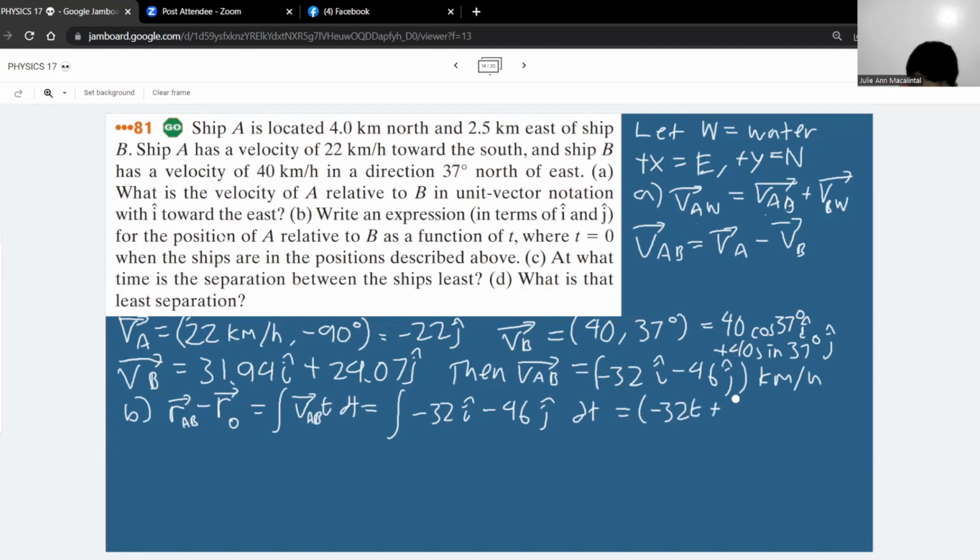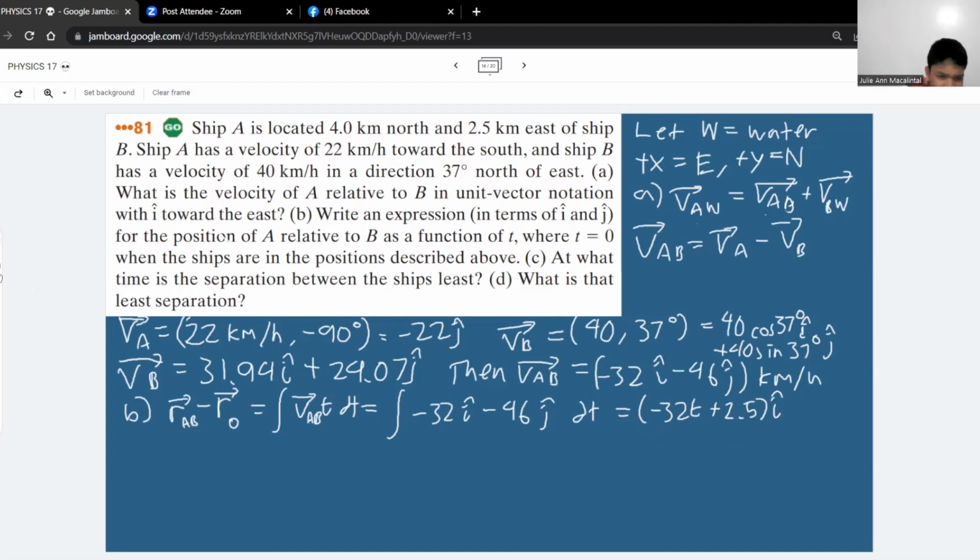Wait, hindi, teka. R sub AB minus R sub 0, that's not that. So dapat yung velocity V sub AB times T lang yan.